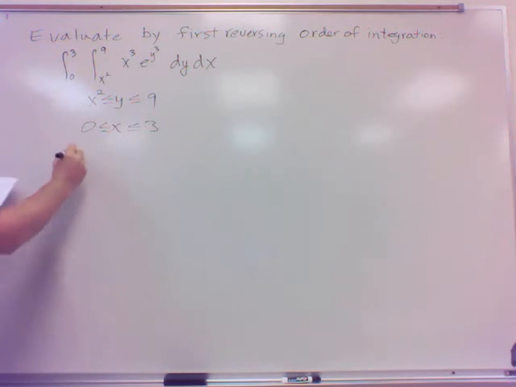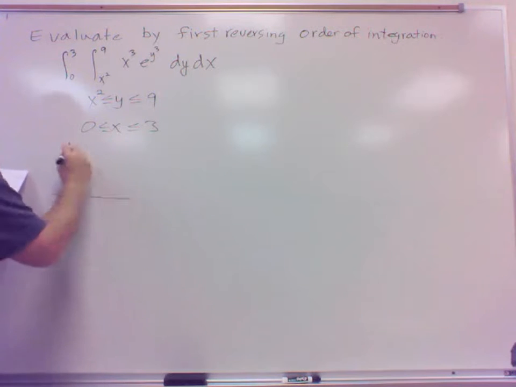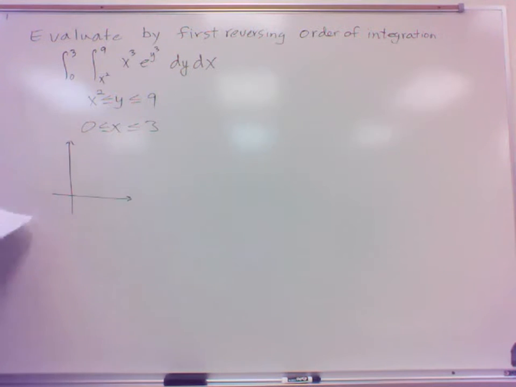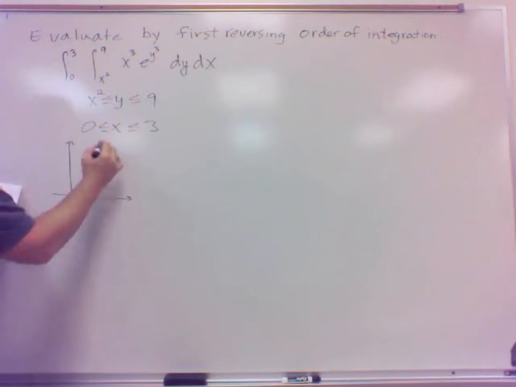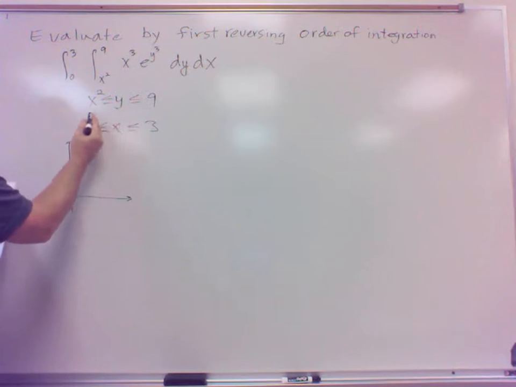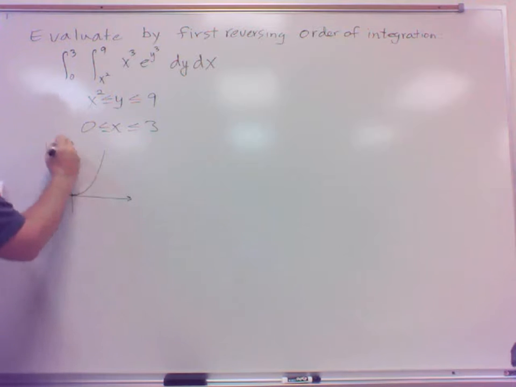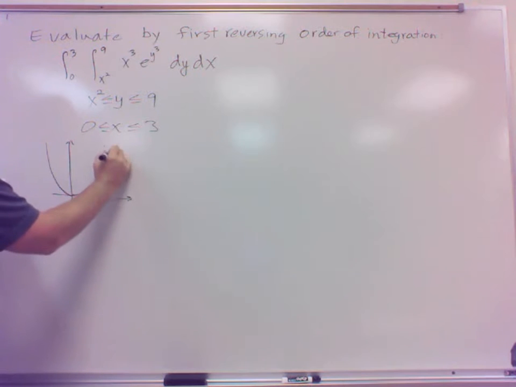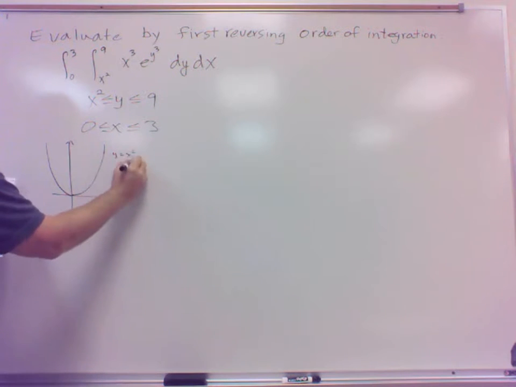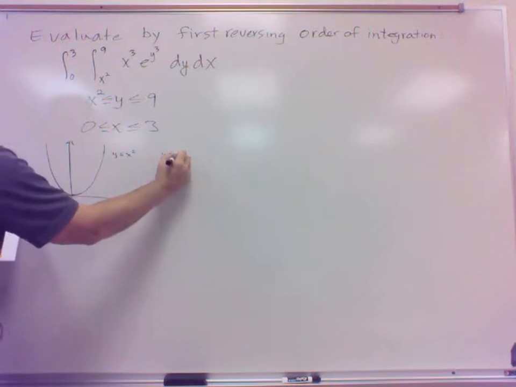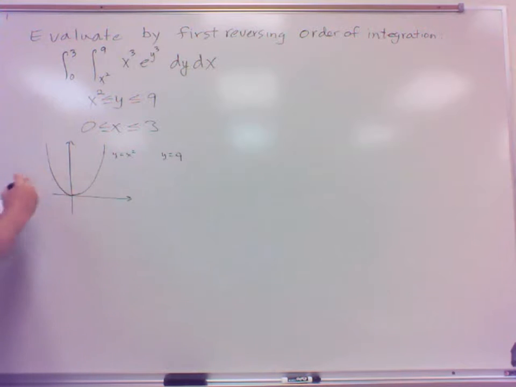Okay, and so the area that I'm integrating over looks something like this. Y goes from x squared to 9. And so y equals x squared looks like this, and then y equals 9, of course, is just a horizontal line at 9.